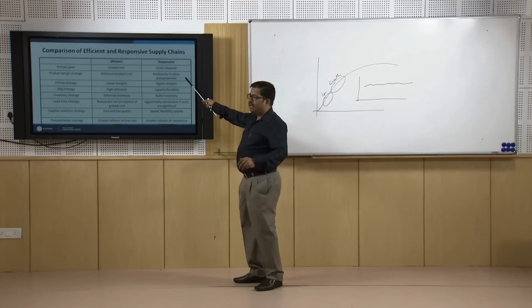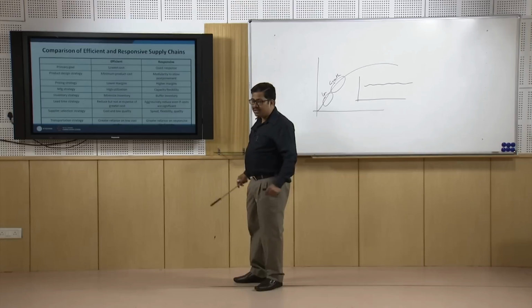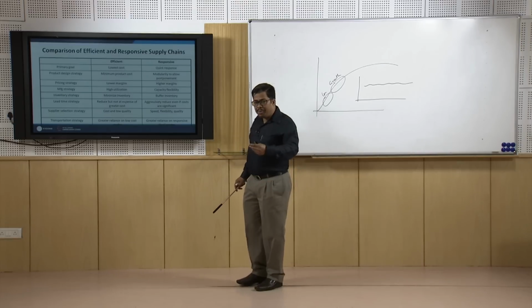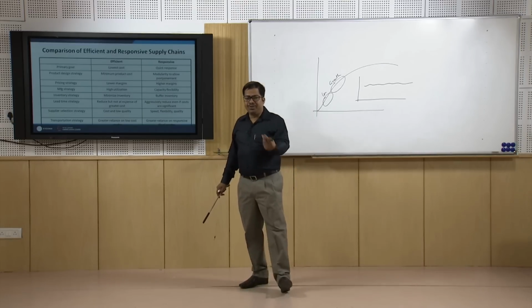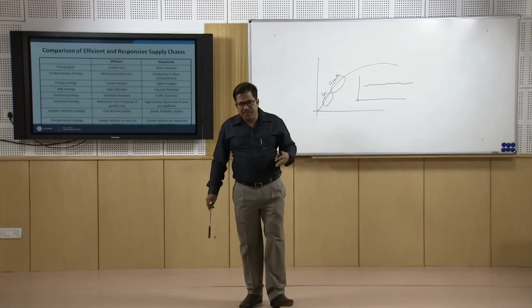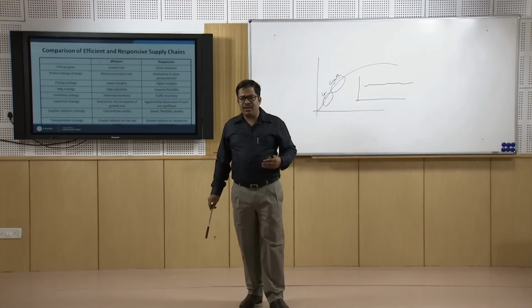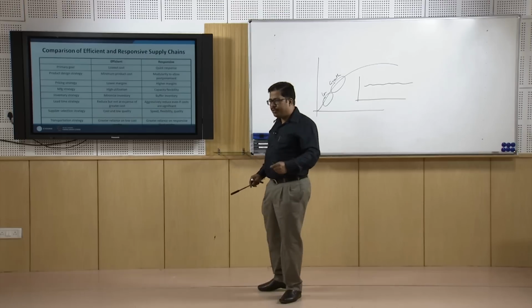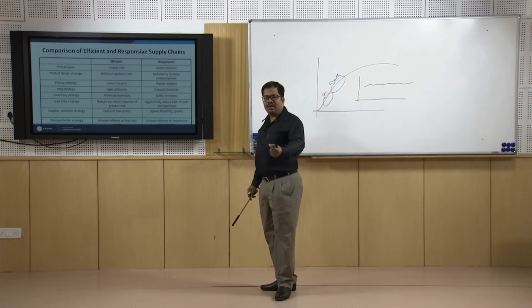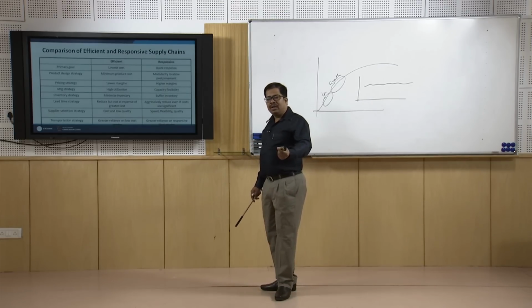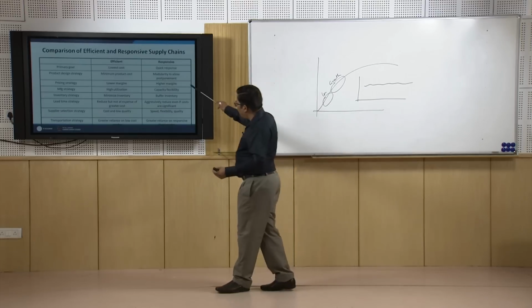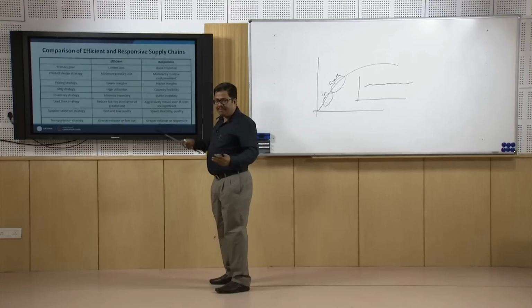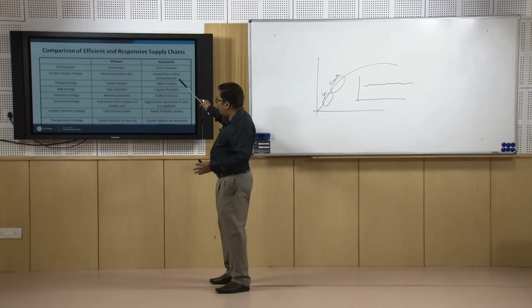And in the case of responsive supply chains, you want to provide more modular solutions, so that you do not think of cost, rather you think that your product should be more as per the requirement of the customer. So it is highly customized, and for that purpose you allow postponement.